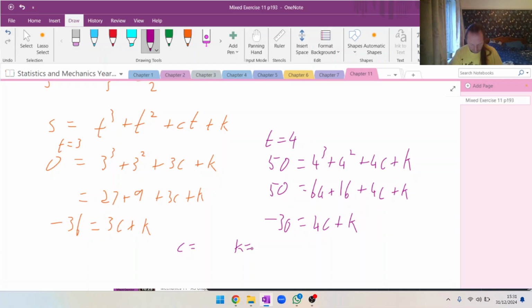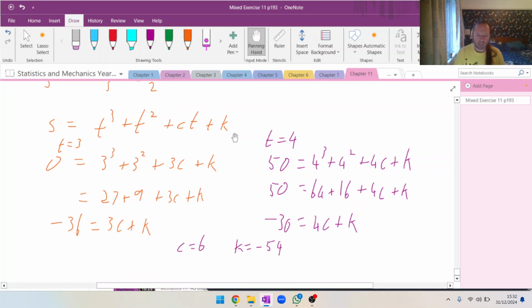So I've got 3c plus 1k is minus 36, and 4c plus 1k is equal to minus 30. That tells me that c is equal to 6 and k is equal to minus 54.